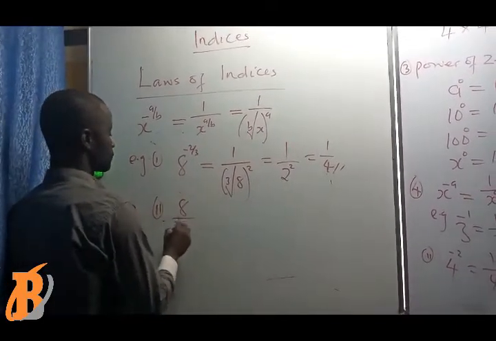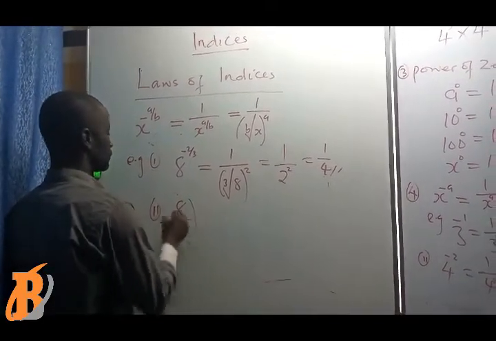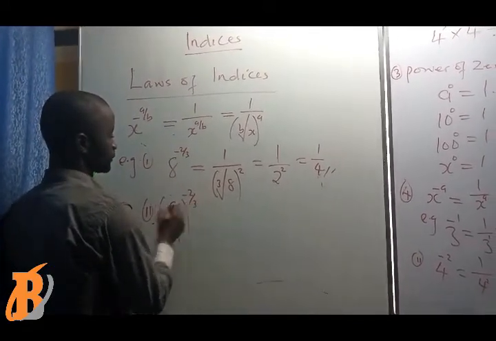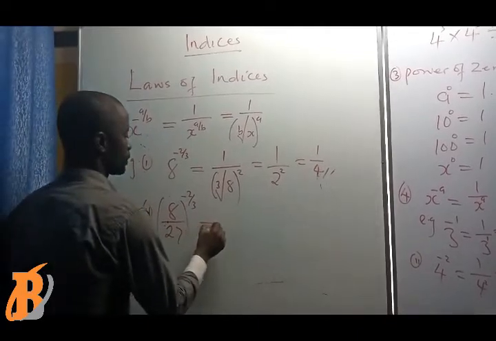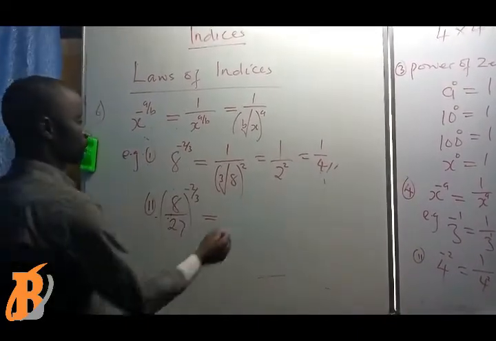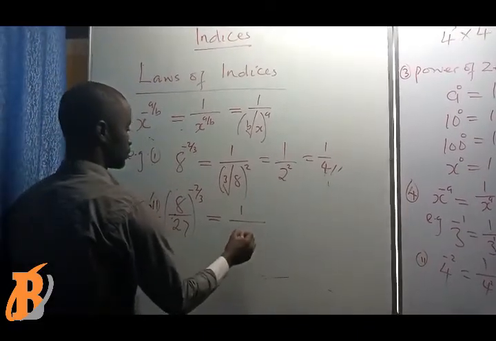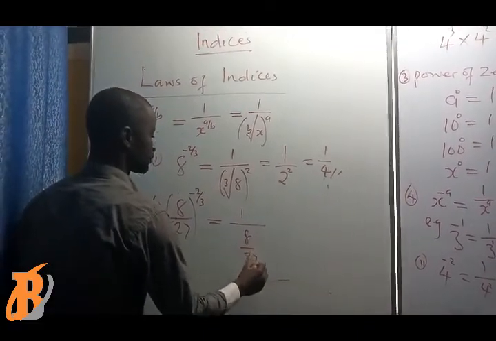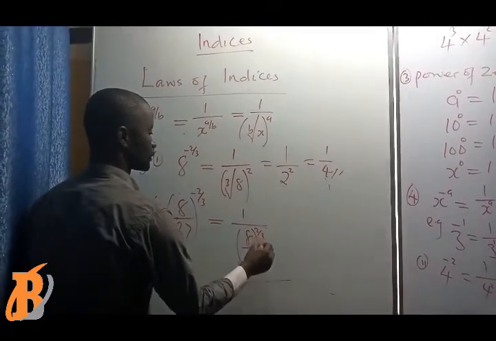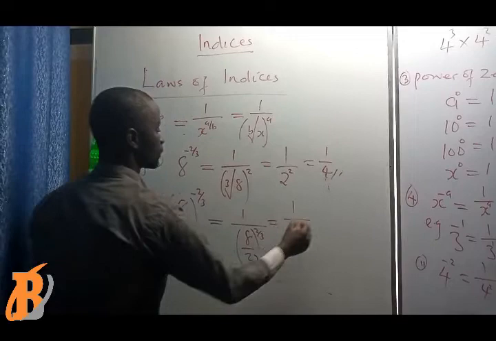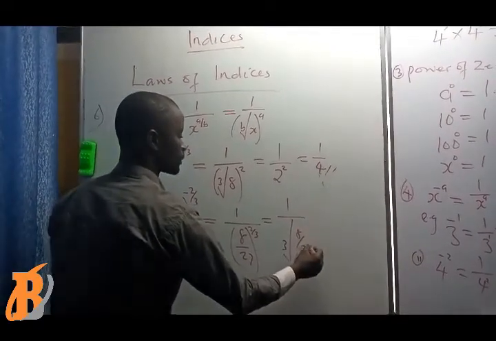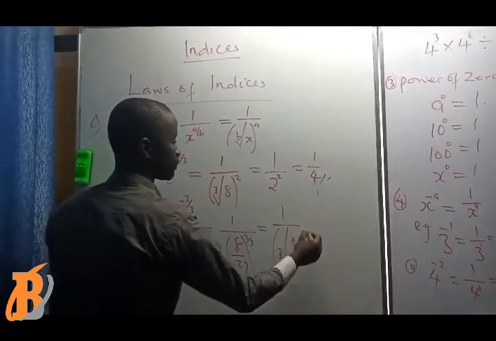Now 8 over 27 raised to power minus 2 over 3. You can solve this question in two ways. So let's follow the first principle. 1 over 8 over 27 raised to power 2 over 3, the same thing as 1 over the cube root of 8 over 27 to the power of 2.